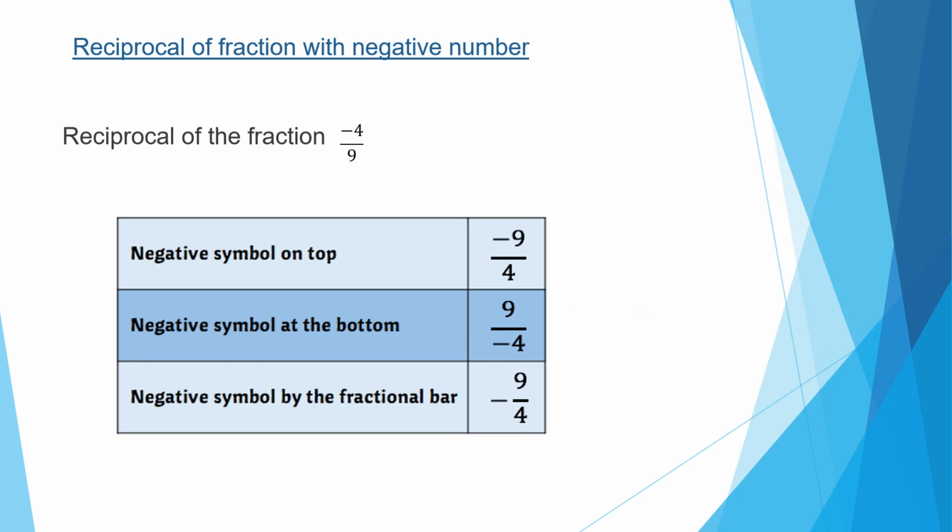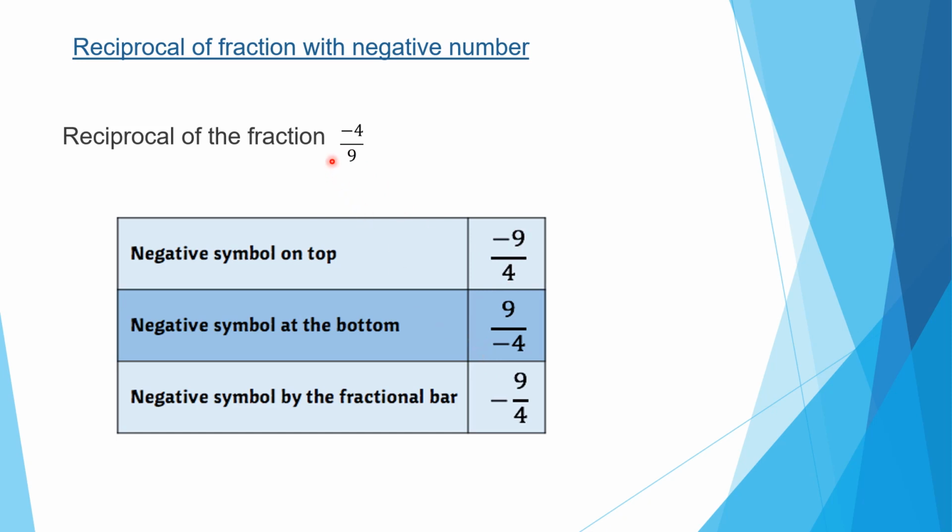Reciprocal of a fraction with a negative number. Reciprocal of the fraction minus 4 by 9. In three ways we can write the reciprocal here. We can keep the negative symbol in the numerator only and just interchange the numbers. That means the negative symbol we keep as it is, and the 9 we bring to the numerator and 4 to the denominator.